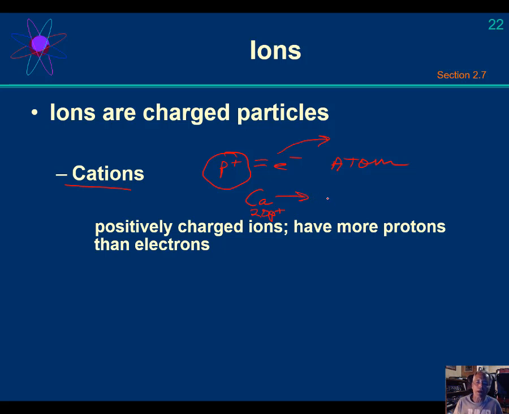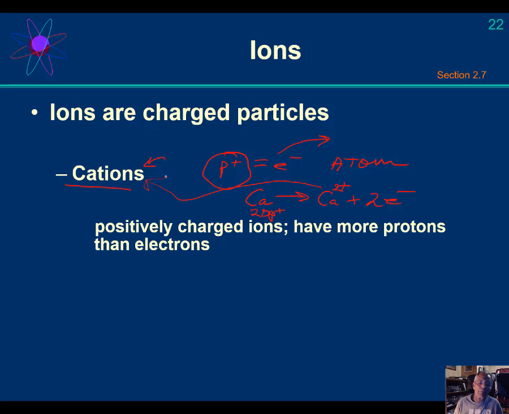Calcium as a metal has a propensity to give up electrons, not to accept electrons. So calcium tends to become a cation, a positively charged ion, and it tends to give up 2 electrons. And so this would be a calcium 2 plus cation.